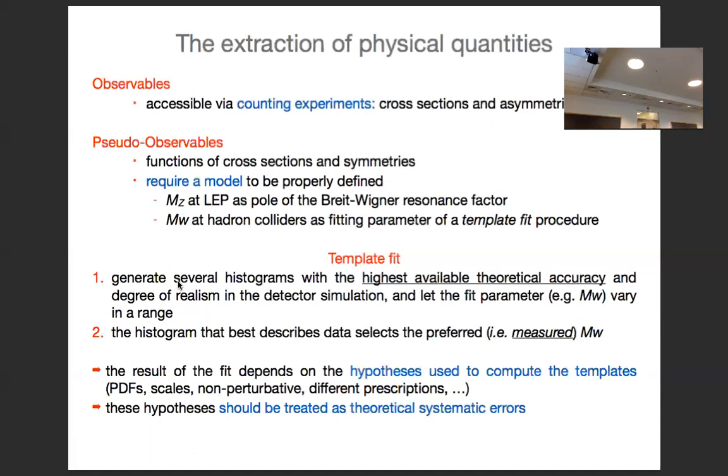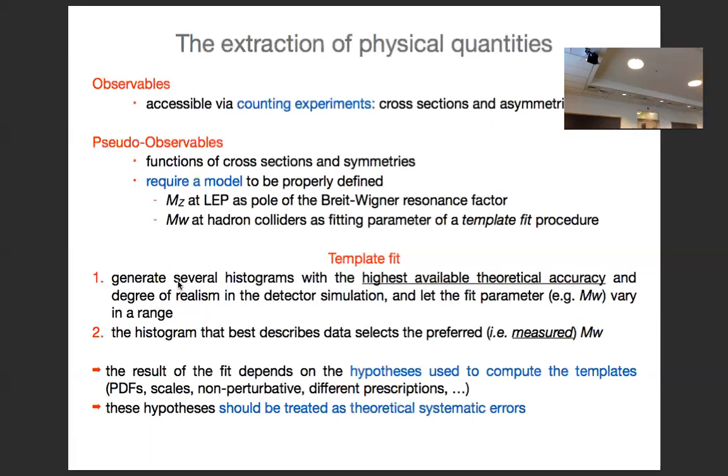A template fit is a procedure where you generate several histograms with the highest available theoretical accuracy and the highest available description of the detector, and let the fit parameter, for instance MW, vary in a range. Then you put these histograms on the data, and the histogram that best describes data selects the preferred W mass. And this is the measured W mass. This is a template fit.